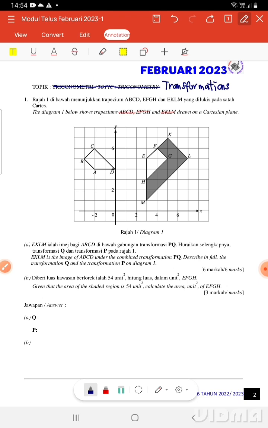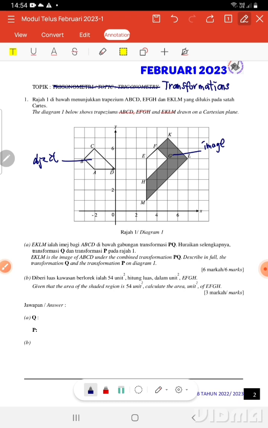When you read the question, transfer the information into your diagram. Here it states that EKLM is your image, so write EKLM as the image for ABCD. So ABCD is our object.